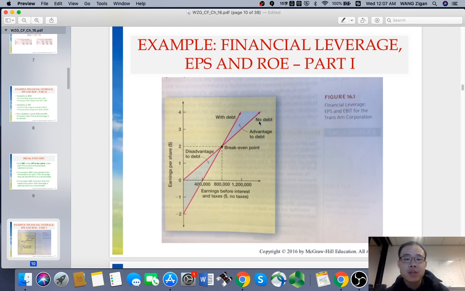When we have no debt, the slope is less steep, so the EPS will go up and down slower relative to when EBIT goes up or down.